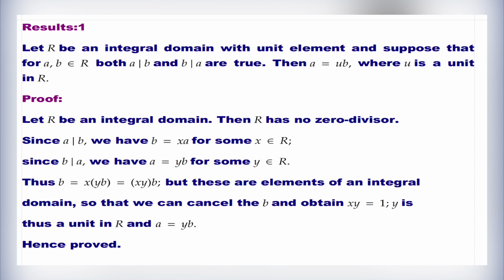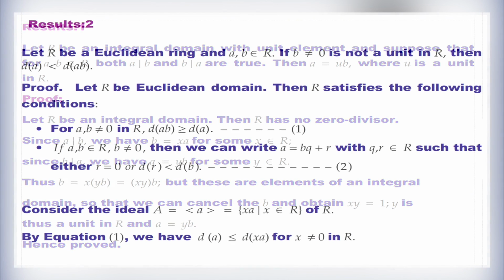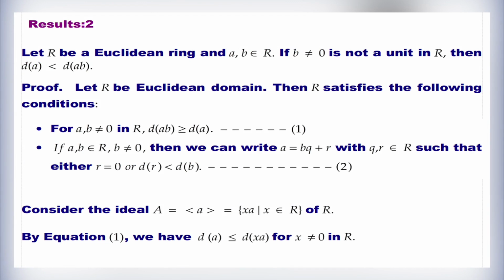By using associativity, it can be written as (xy)B. But these are elements of an integral domain, so we can cancel the B and obtain that xy = 1. Y is thus a unit in R and A = yB. Hence, we proved.